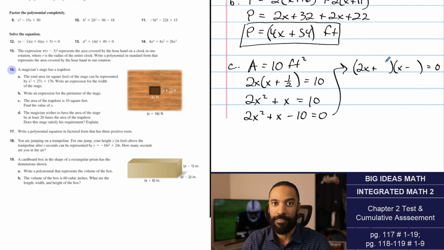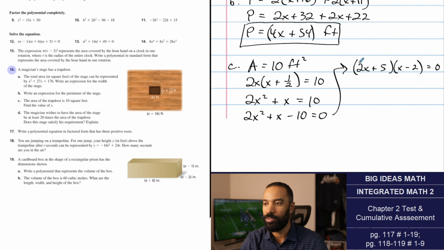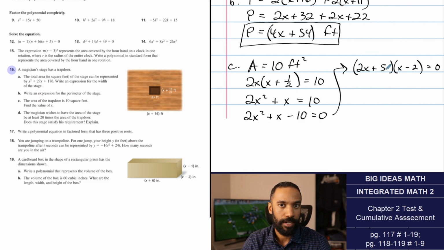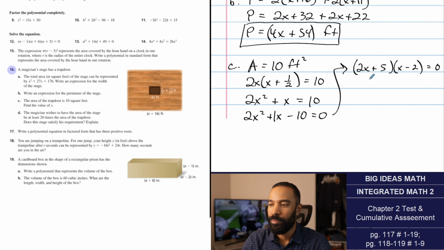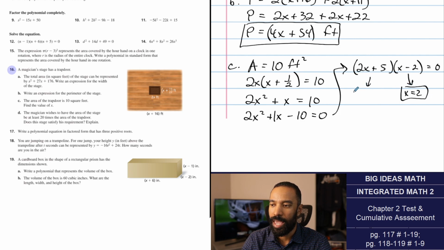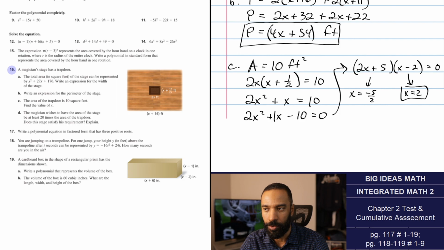I can try 5 and 2, but if so, I have to put the 5 here and the 2 here, not the other way around. I do get negative 4 plus 5, which is 1. Happy accident. I got it. 1 is what I wanted right there, right? So that's the factorization. When I set these equal to 0, I will get x equals 2 as one answer. And just subtract 5, divided by 2, I'll get negative 5 halves as the other answer.